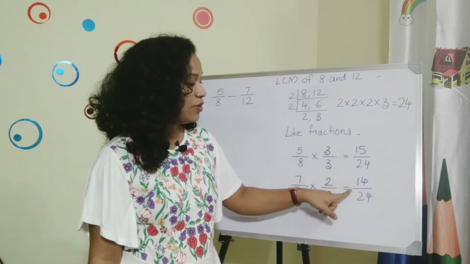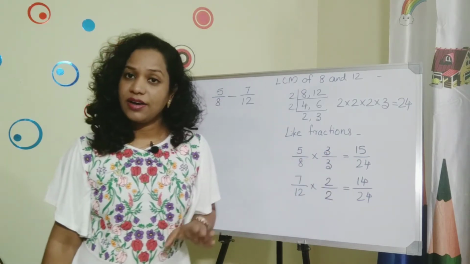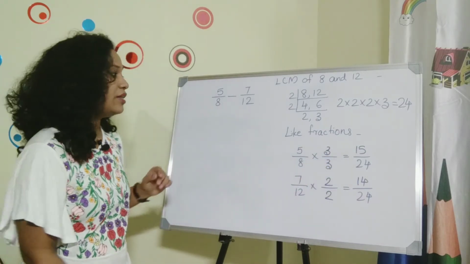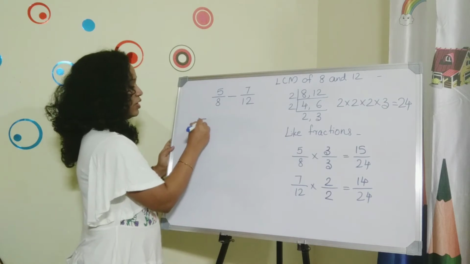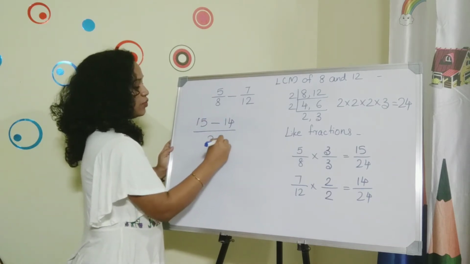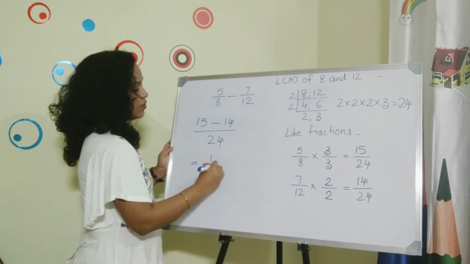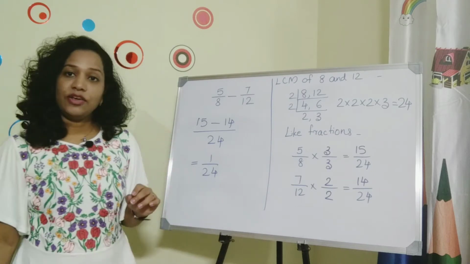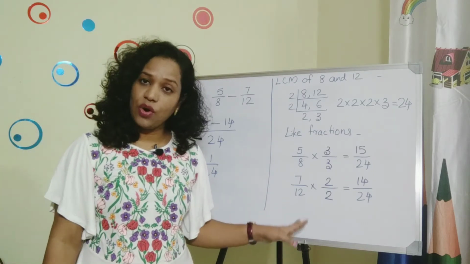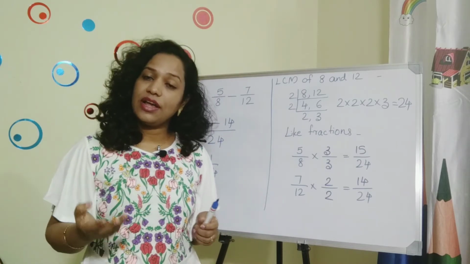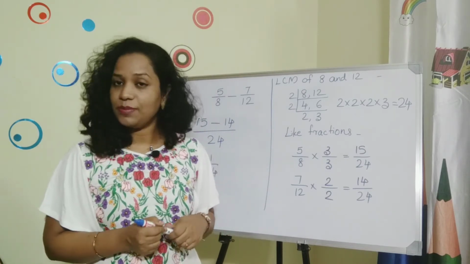So 15 by 24 and 14 by 24 are the like fractions. Now we just need to subtract them. So 15 minus 14 by 24. So what is our answer? 1 by 24. So if you know addition of unlike fractions, the subtraction of unlike fractions is very simple.